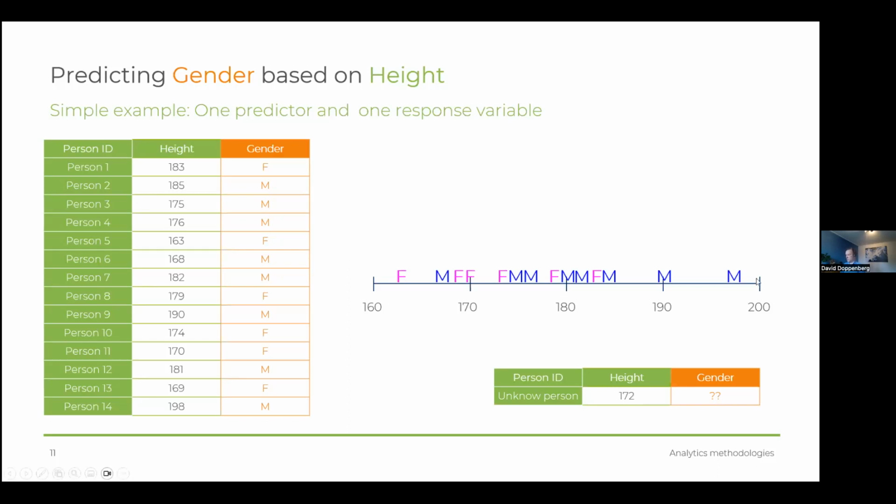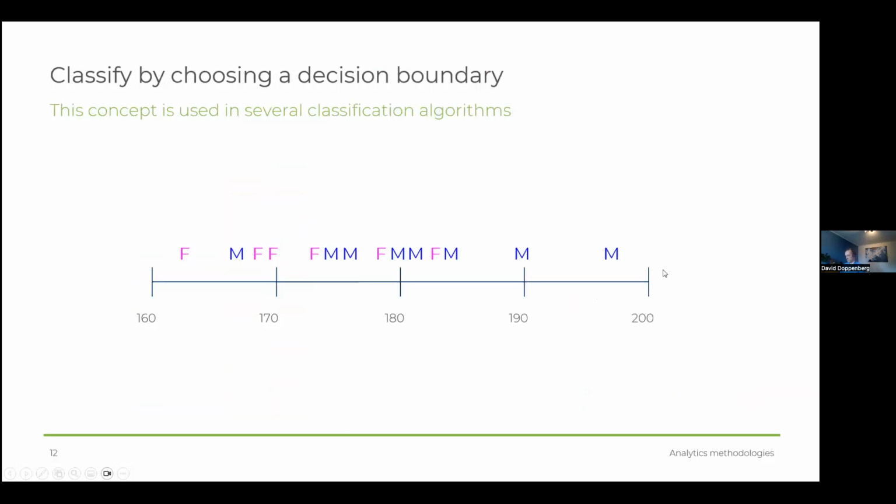For example, if we draw the line at 185 or something, and we say everything to the left is F and everything to the right is M, we have at least 3 things right, but you can see we make a lot of mistakes. But the new person has 172, which is smaller than 185, which means it will get label F.